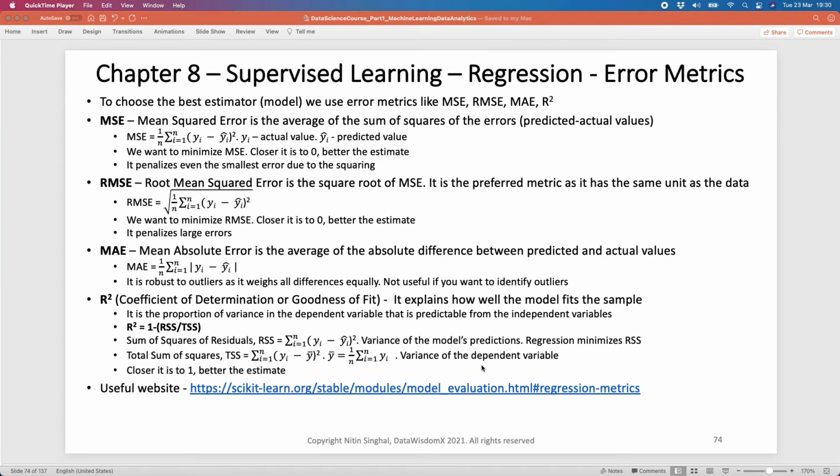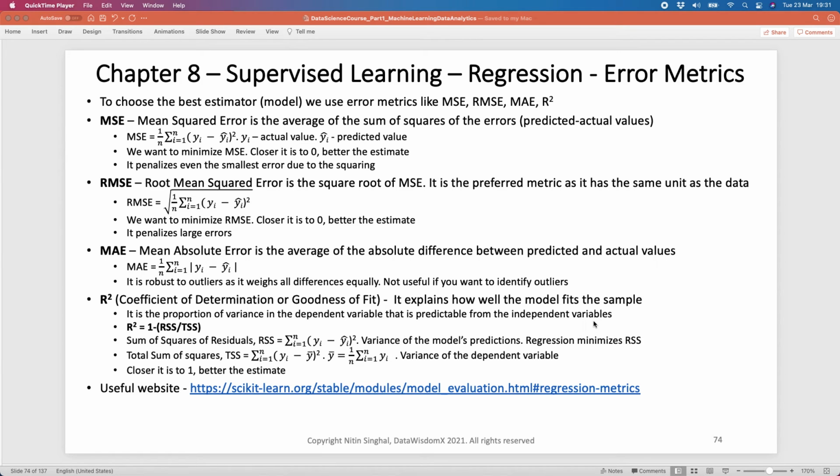So the RSS is giving you the variance of the model's prediction, and the TSS is giving you the variance of the dependent variable. So the R square is then measuring how well the model fits the sample. That is, what proportion of the variance in your dependent variable is predicted from the independent variables, right?